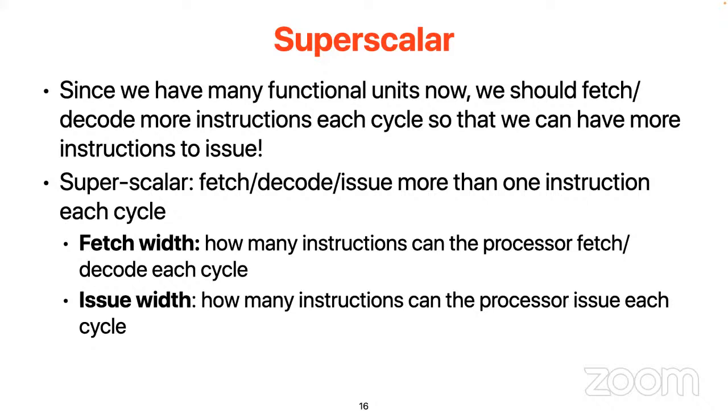And if each cycle only one instruction comes in, and my pipeline has no additional storage for more instructions, and no capability of decoding multiple instructions at the same time, it's impossible for us to have multiple functional units working, right?